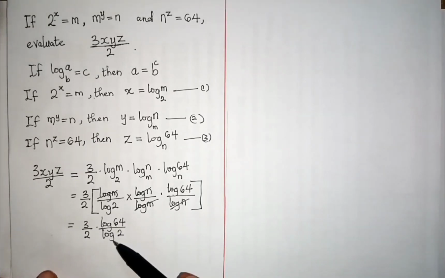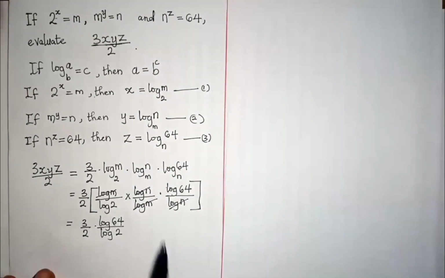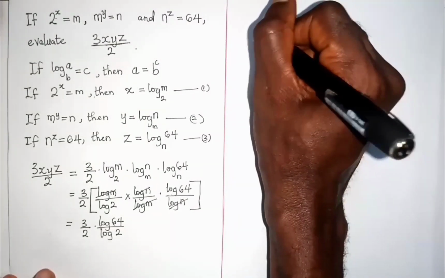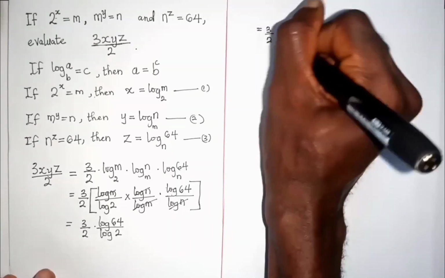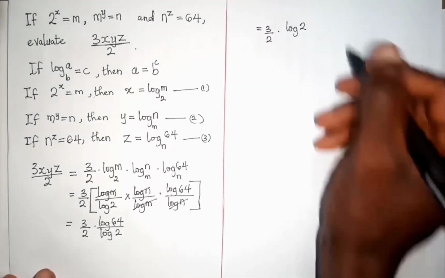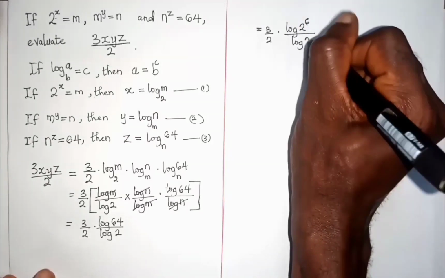Now, what we do here is apply laws of logarithm also, where 64 can be written as a power. 64 is written as a power, so we have 3 over 2 times log of 2 with 6 as exponent, then over log 2.